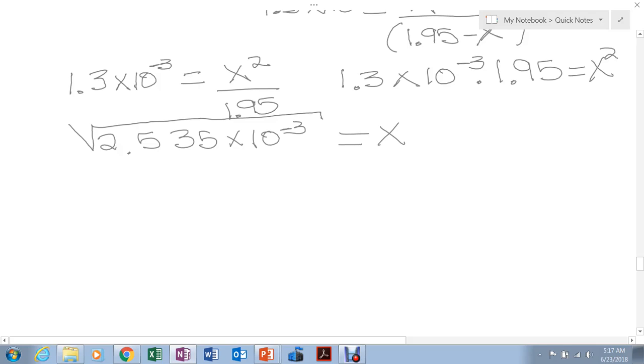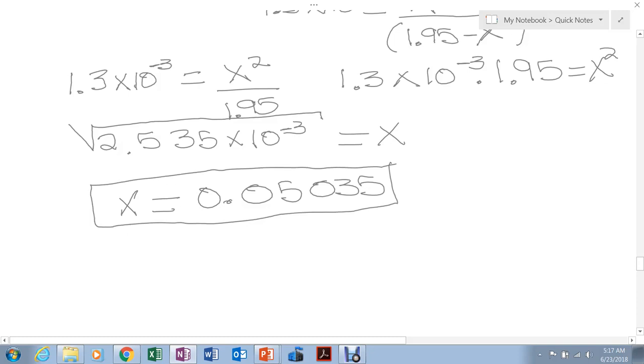So x would be 0.05035. Then we'll round it to the number of sig figs.